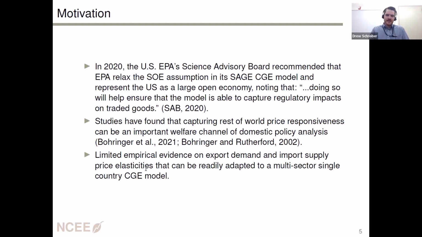There were several studies looking at what might be missed by a small open economy assumption, some papers by Christoph Boehringer and Tom Rutherford, looking at this particular welfare channel.